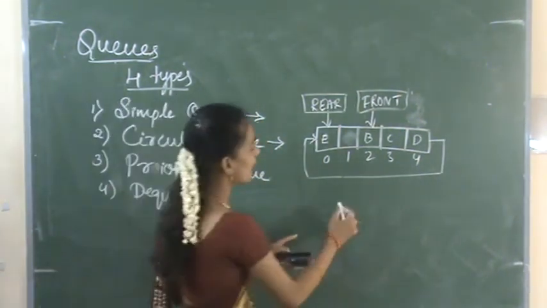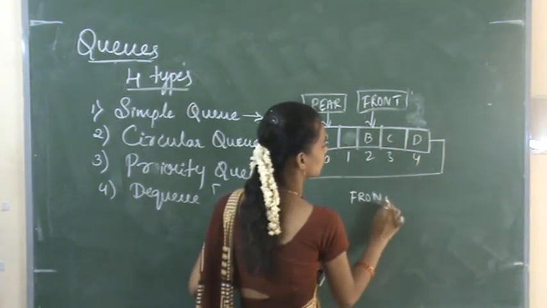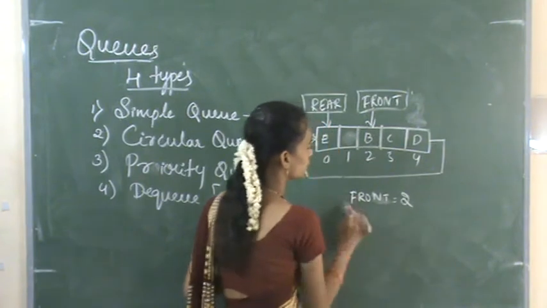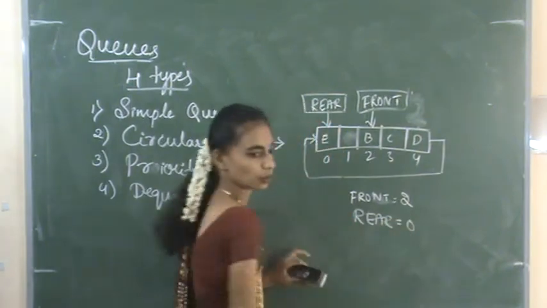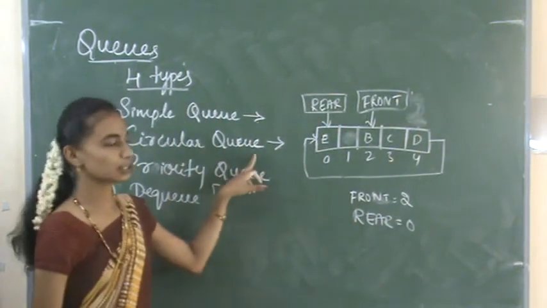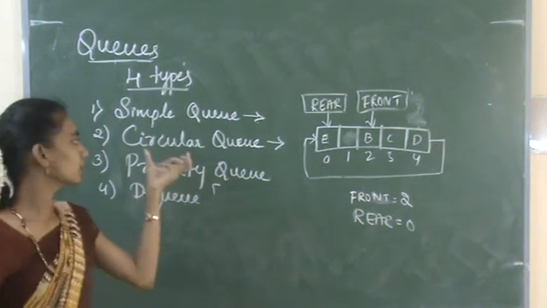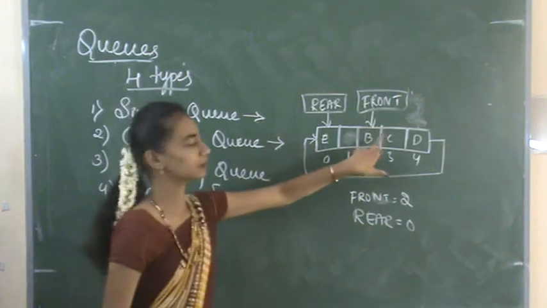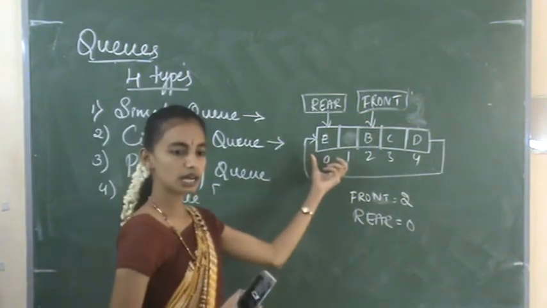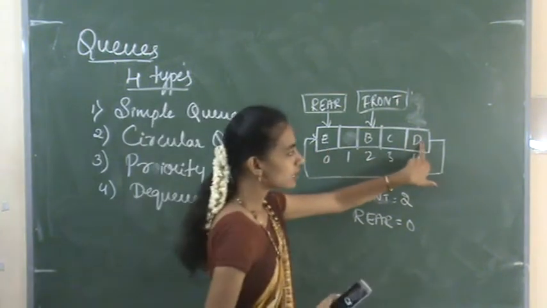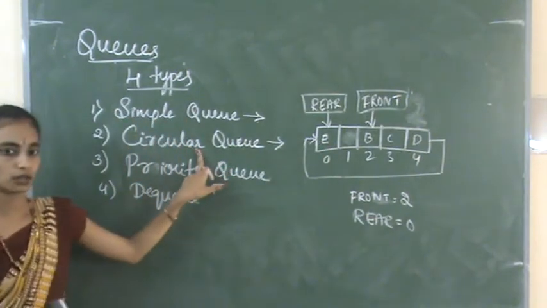Now the value of front is 2 and the value of rear is 0. So we call this a circular queue, in which all the nodes are arranged in a circle, such that the last node is followed by the first node.